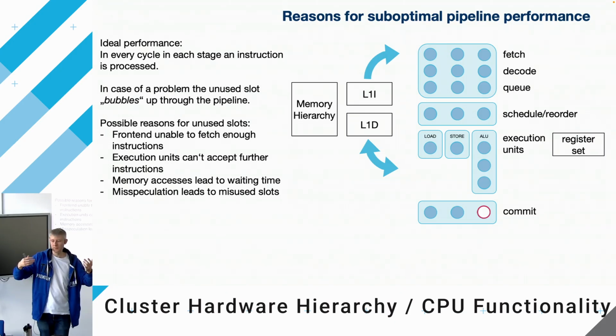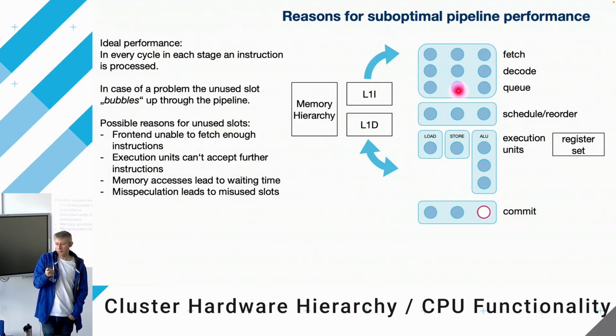Stalls are basically wasted time, because if we didn't have to wait for the memory system, or didn't have so many divisions, then in this time we could execute some other instructions.